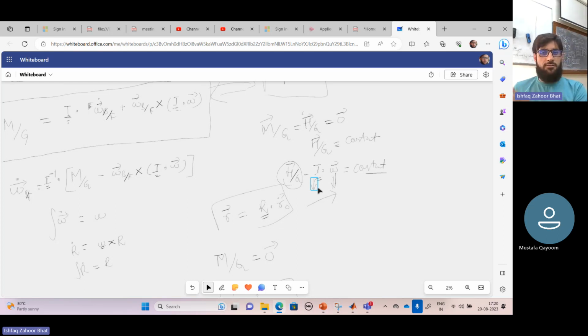But just like a vector has its components in different directions, similarly I has different components in different directions. So when you take the dot product of omega with that tensor, it produces a vector which is in a fixed direction. So omega changes, this I tensor changes such that the dot product of omega and I remains constant, which is nothing but the angular momentum. Got it?